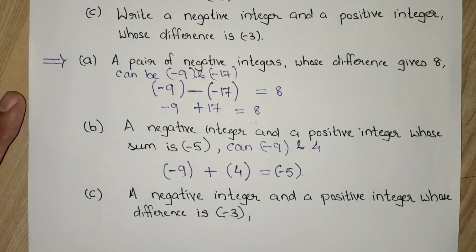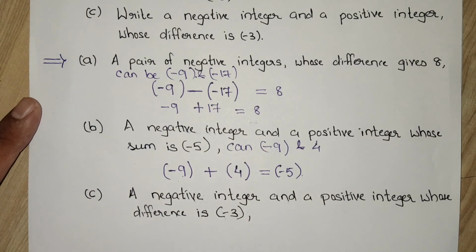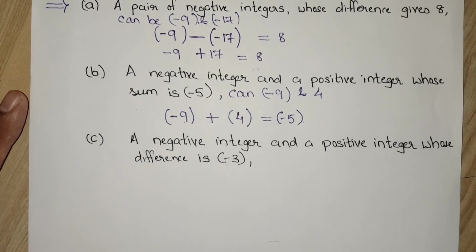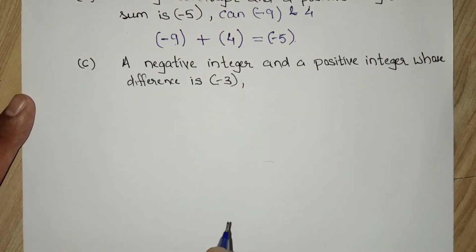In part B, the same was there, but over there we had to take the sum of the two integers. But right now we have to take one negative integer, one positive integer, and subtract them to get minus 3.